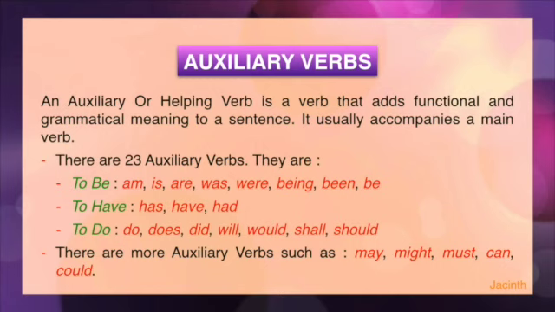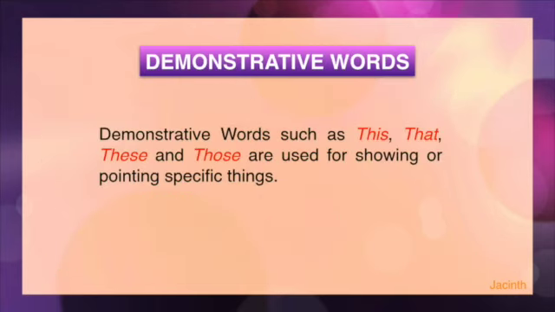Verbs showing action such as do, does, did, will, would, shall, should. There are more auxiliary verbs such as may, might, must, can, could. Here you must remember some auxiliary verbs change in their plural forms but some remain the same.